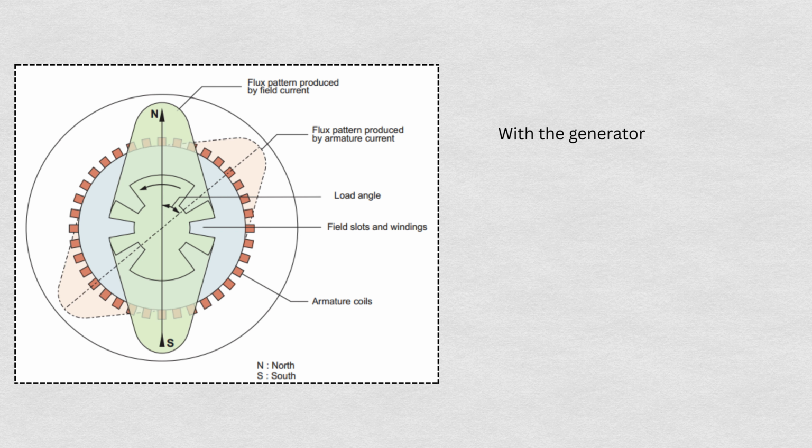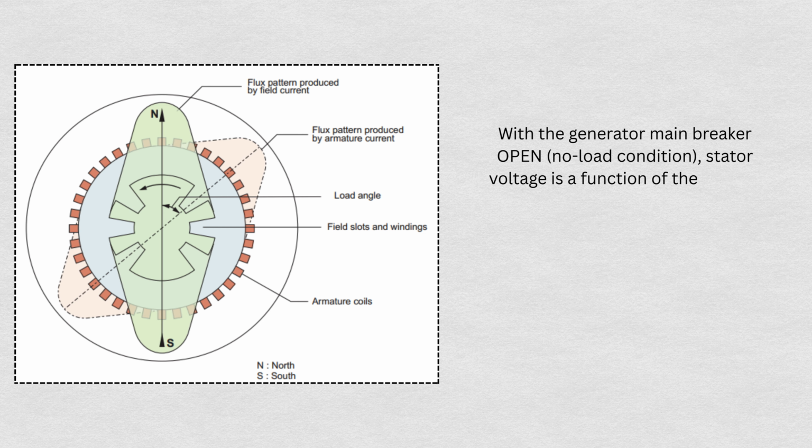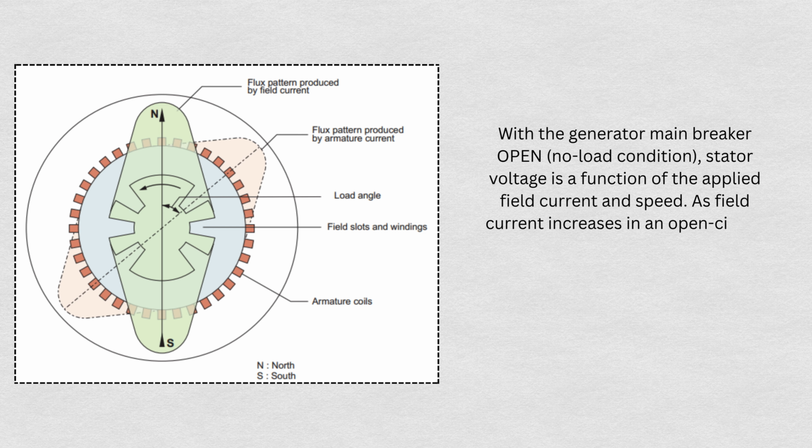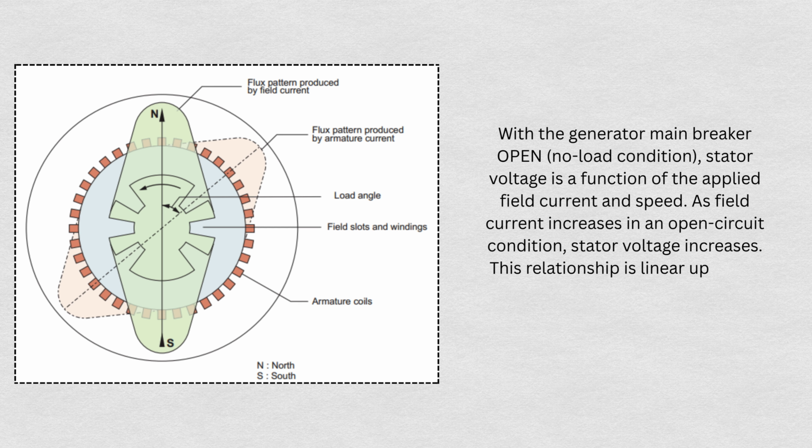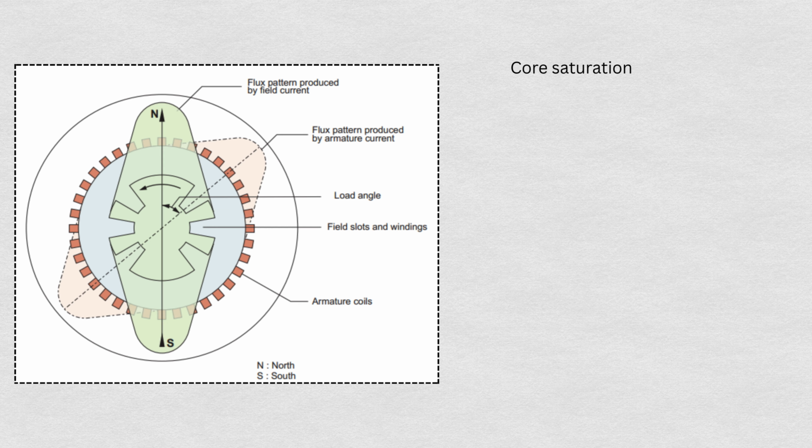With the generator main breaker open, in a no load condition, stator voltage is a function of the applied field current and speed. As field current increases in an open circuit condition, stator voltage increases. This relationship is linear up to the point at which core saturation takes place. Core saturation changes the reluctance of the magnetic circuit.